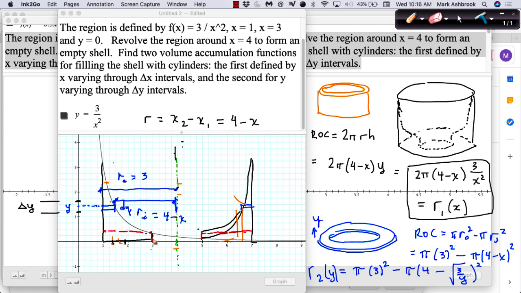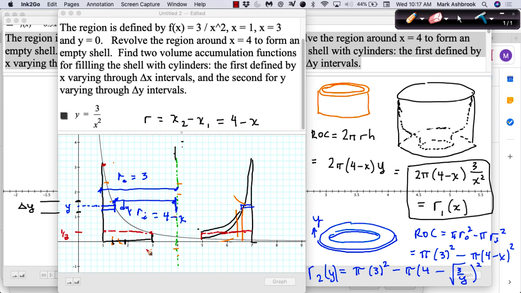The inner radius is actually easier. The inner radius is 1, and the outer radius is 4. And then once you get to y equals 1/3, from 1/3 up to 3, you have this rate function.